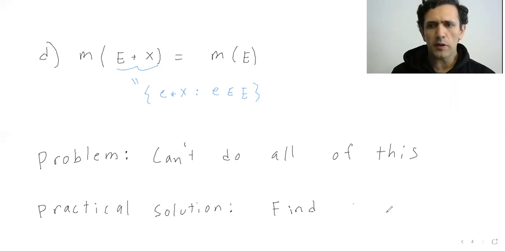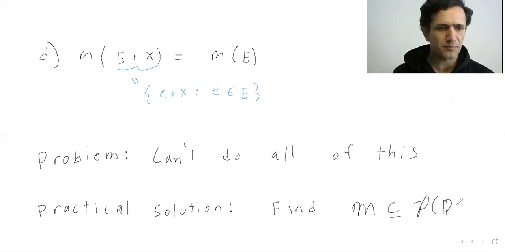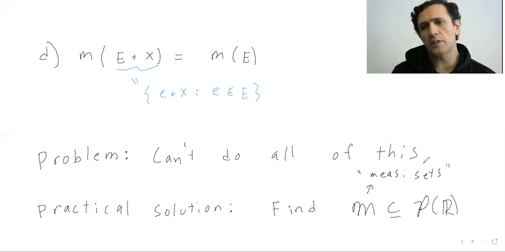We're going to find a very special collection of subsets of the real line. And this is often called the collection of measurable sets. More precisely, we'll call this in the future the collection of Lebesgue measurable sets.